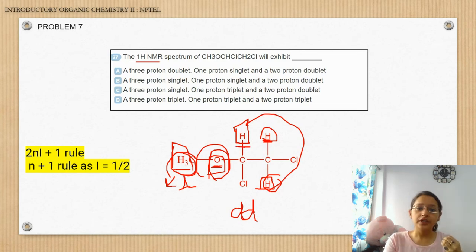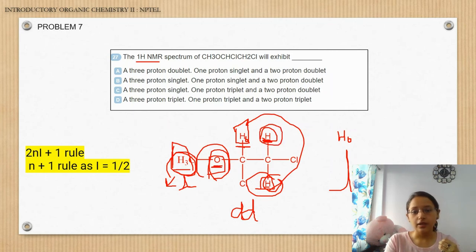So if you are seeing in NMR a singlet for this proton, that is HB, I am calling it HB for your sake. Then, as these two protons are in the vicinity of this particular hydrogen, and these two are equivalent, they sum up and split this particular peak.